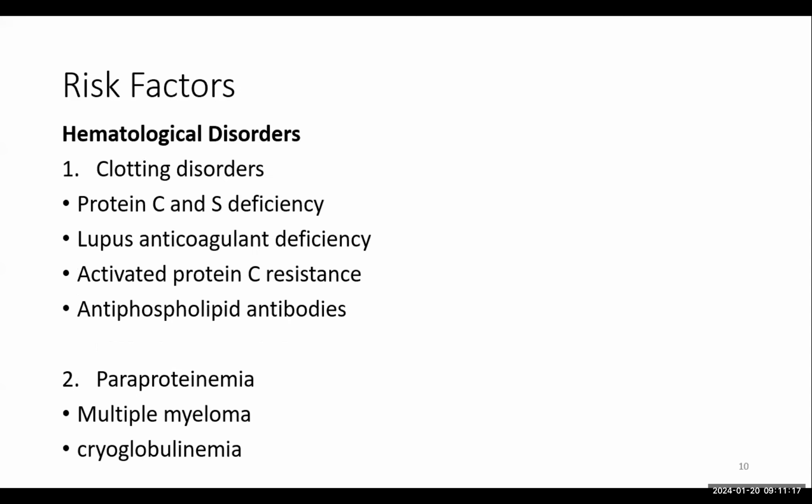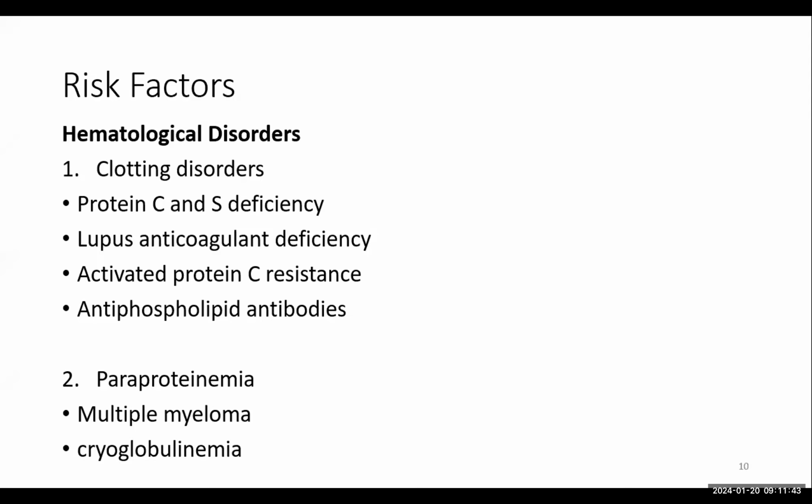Now we've talked about the external compression, we've talked about the blood vessel wall. Now we are talking about the blood constituents themselves. Anything that can cause a hypercoagulable state, where we have clotting disorders like protein C and protein S deficiency, lupus anticoagulant, activated protein C resistance, and antiphospholipid syndrome.